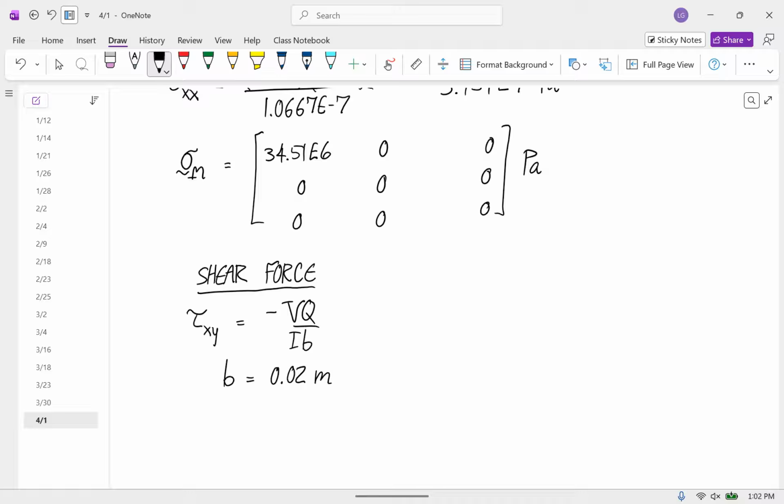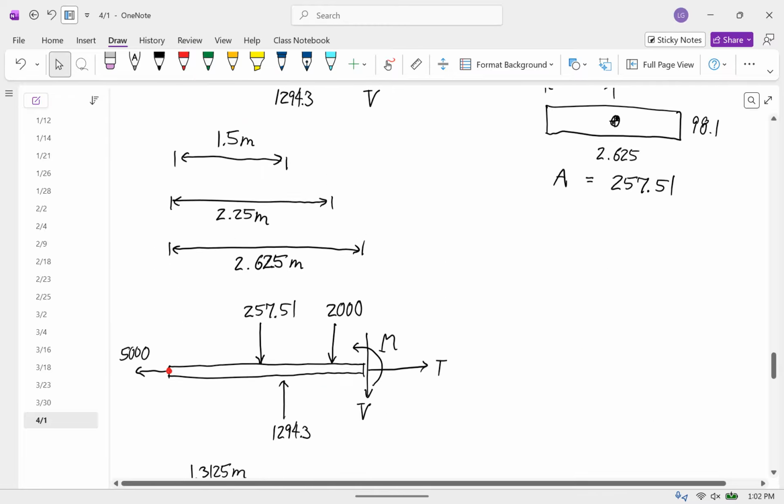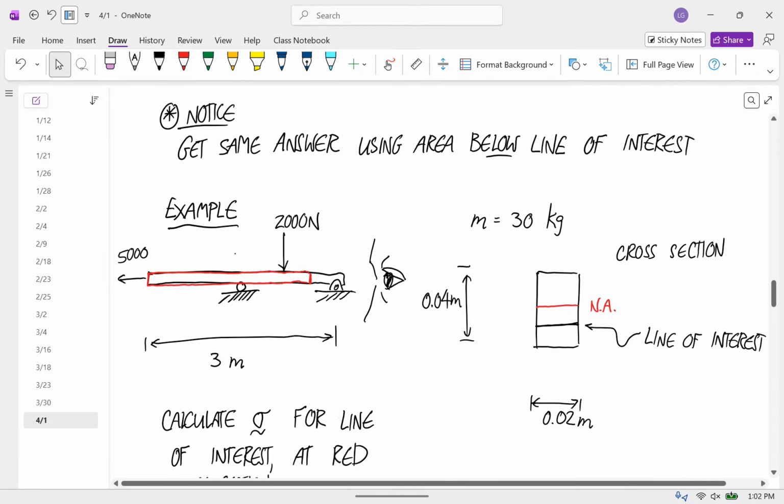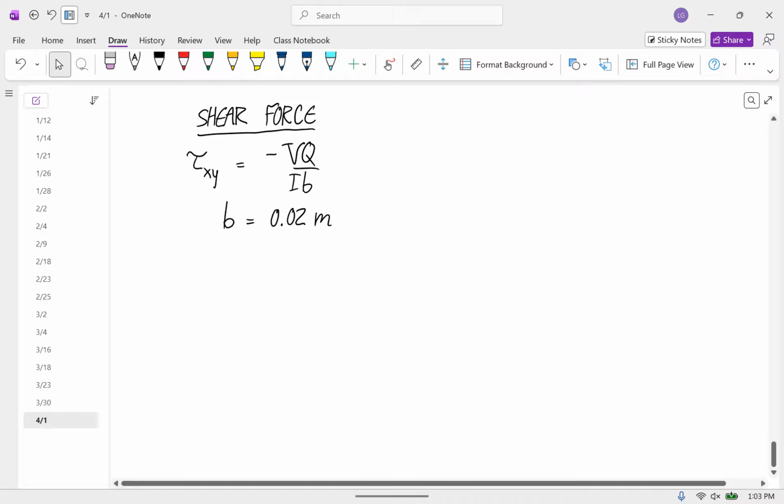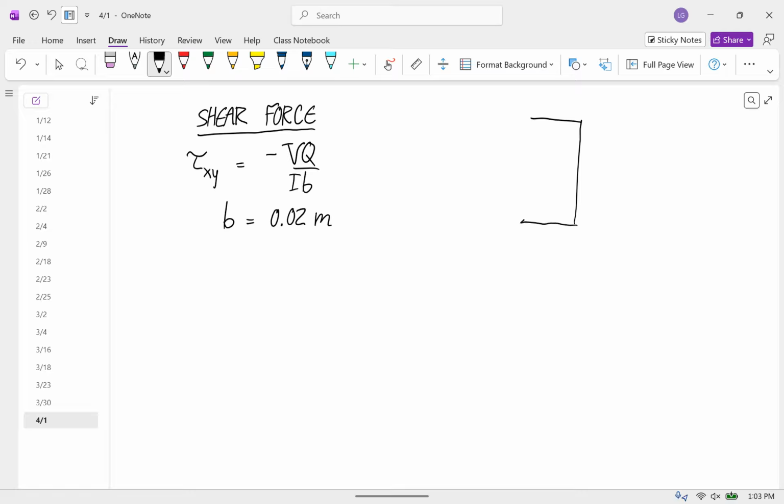And now we can think about that Q. I think this is a case where it probably is a little easier to imagine calculating Q with the area below our line of interest. So I'm going to draw this cross section like this.